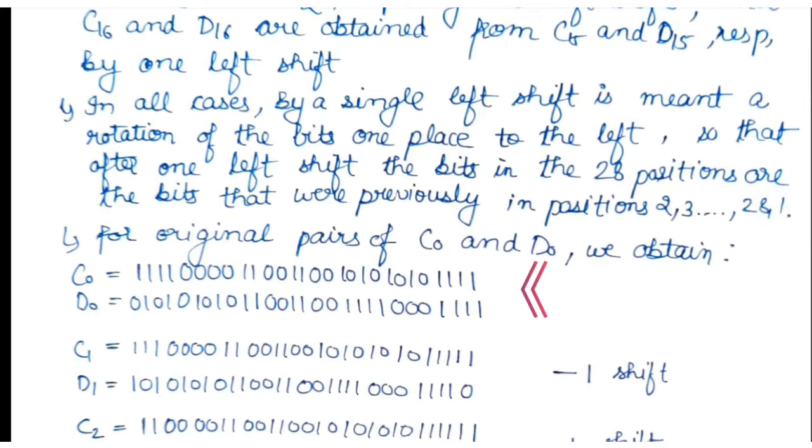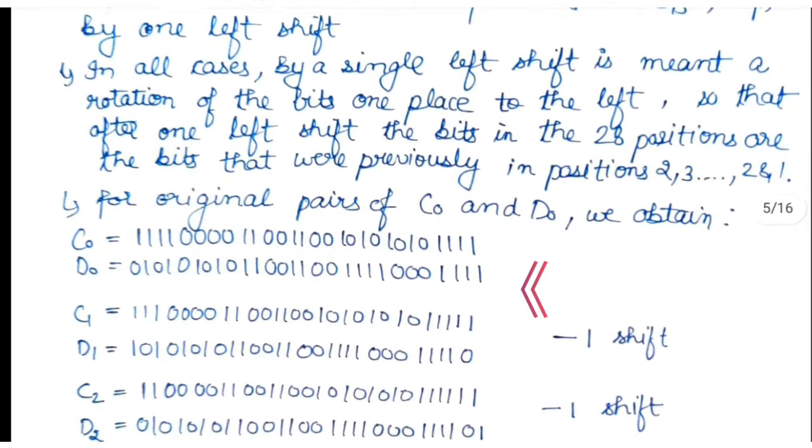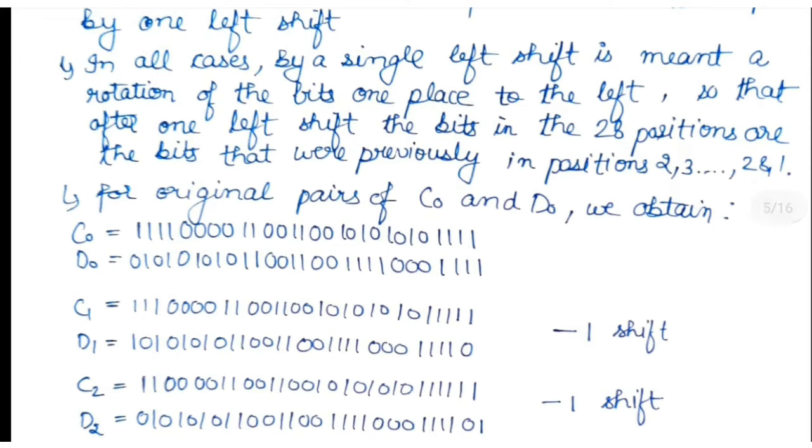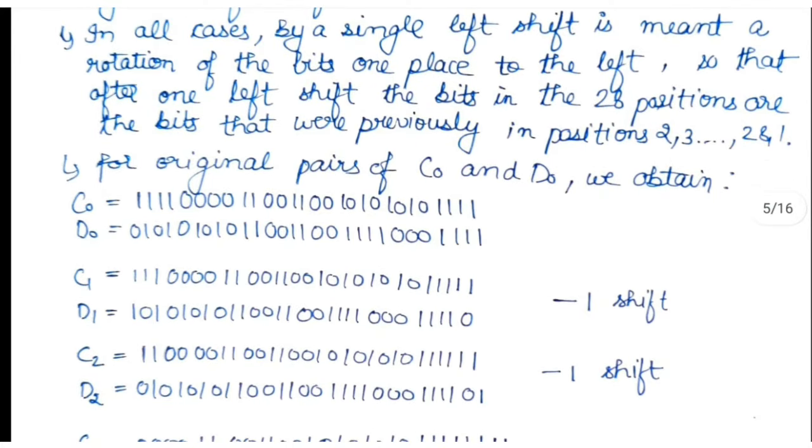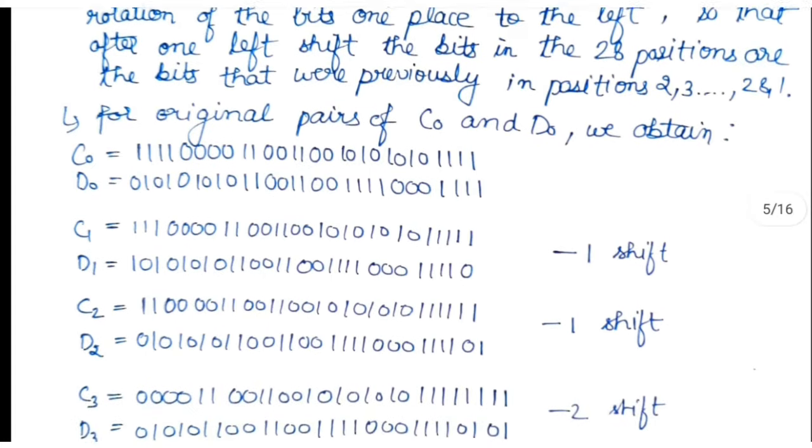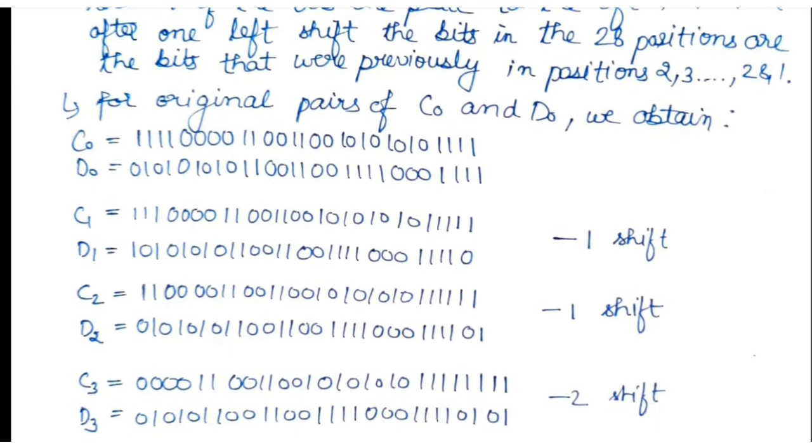So this is the original pair C0 and D0 we have obtained, and now we will apply one shift to calculate the values of C1 and D1. Similarly, to obtain C2 and D2, we will apply one left shift on C1 and D1. Now to obtain C3 and D3, we are going to apply two left shifts.